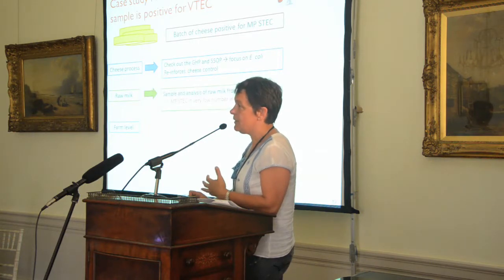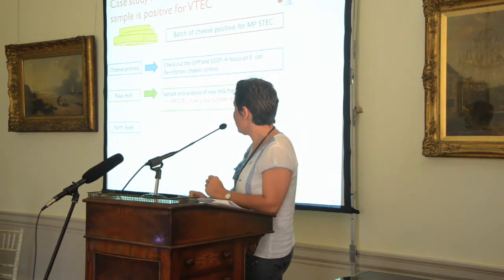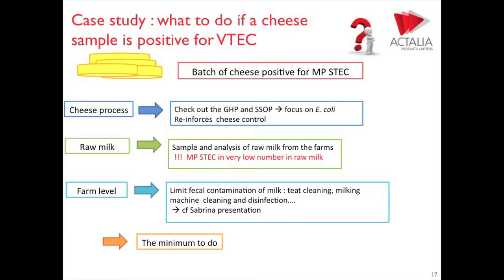We could ask about the interest of analyzing the raw milk coming into the cheese factory, but it would not be so easy because you have to sample and analyze raw milk from farms, and remember that we are looking for a really, really low number of bacteria, and they're quite diluted in milk, so it's not so easy.